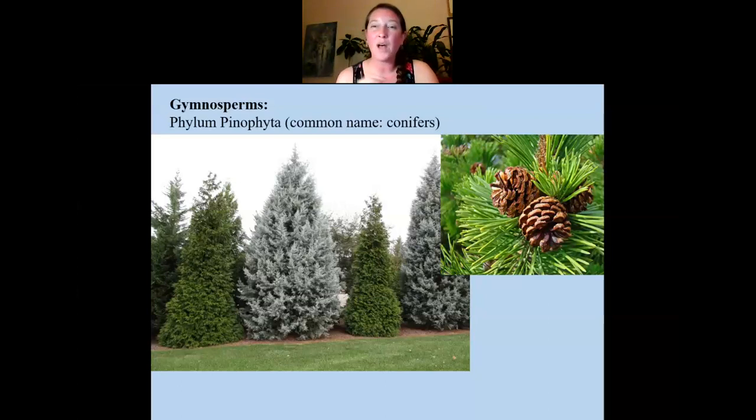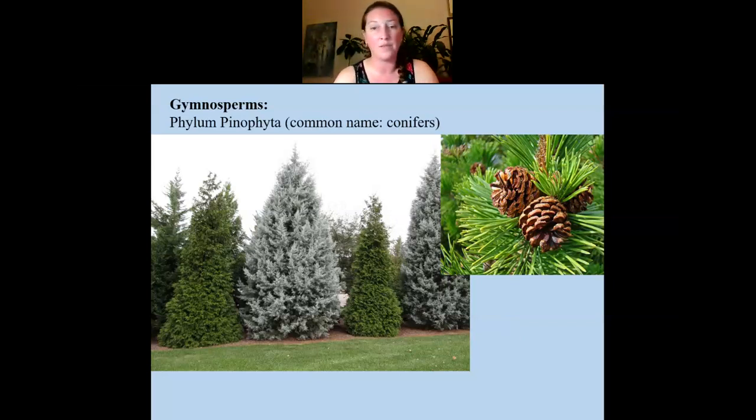Every phylum name will have phyta at the end of it. So this is Pinophyta. Let me just underline the phyta. Phyta means plants, and pino refers to pine trees because, believe it or not, pine trees are a type of conifer. Conifer means a plant that bears a cone.